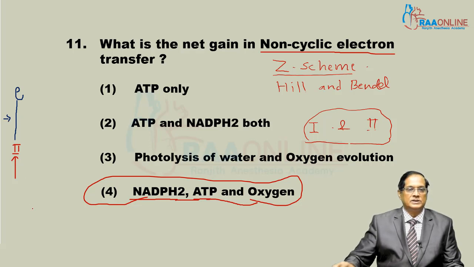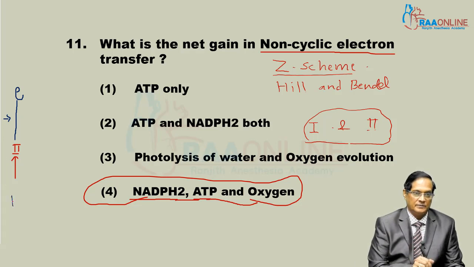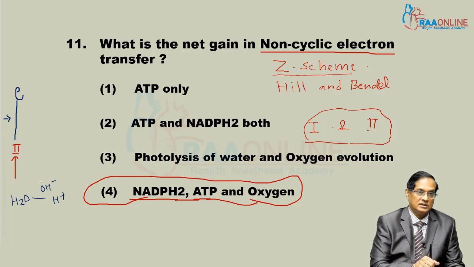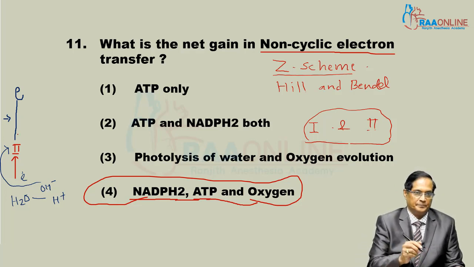When PS2 loses an electron, it is responsible for the photolysis of water. That is, water undergoes lysis, produces negatively charged OH ions and positively charged H ions. These OH ions are negatively charged. They provide electrons to pigment system 2. That is, water compensates the loss of pigment system number 2.